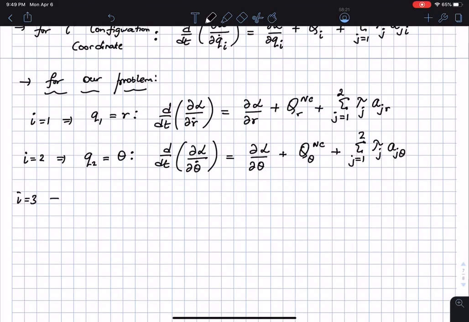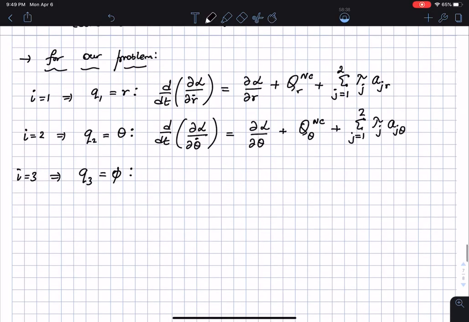And then i equals 3 is q3, which is phi. Typically I would have written this in terms of q1, q2, q3, but after some time it is very hard to know what is q1 and q2 when you're deep down in the problem, so it's better to see it in terms of r, theta and phi. That's the precise reason I'm using r, theta and phi. This is not the best way of doing it; using q1, q2, q3 is the way that most dynamicists worth their salt will be doing it.